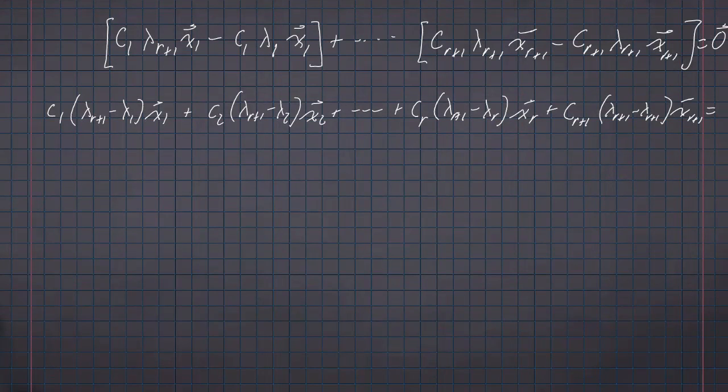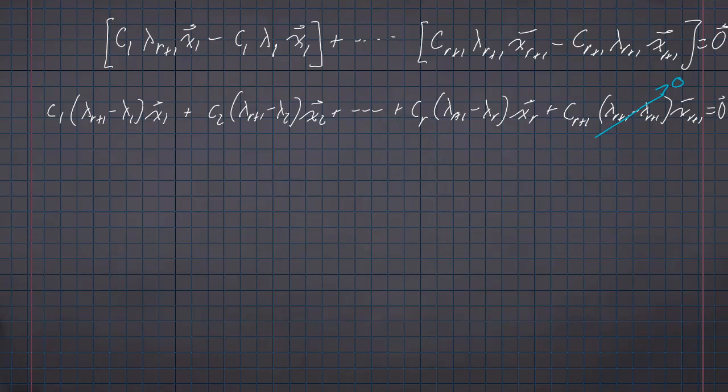When I add all those together, I get the 0 vector. The important thing in all of that, right here in the last term, I have lambda r plus 1 minus lambda r plus 1, which is 0. That goes away.